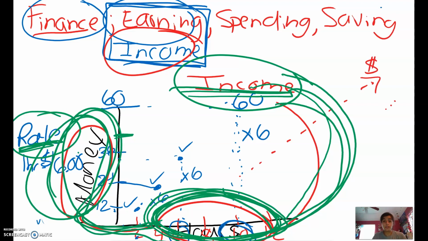A decrease, so I'm going to change that color to a colorful one, a decrease of hours worked leads to no income or a smaller amount. Hopefully you get to see the difference between how the hours influence income into a higher amount or a decreased amount.